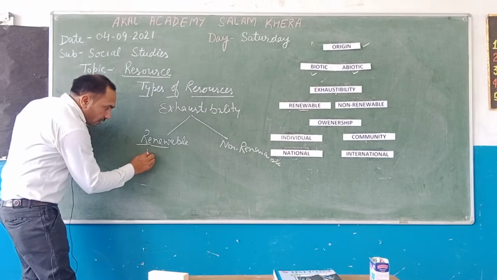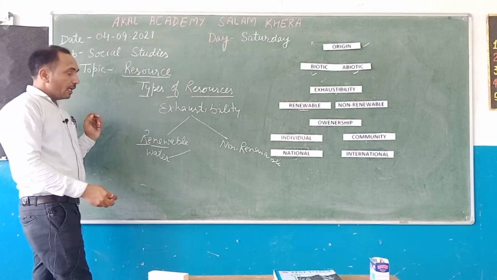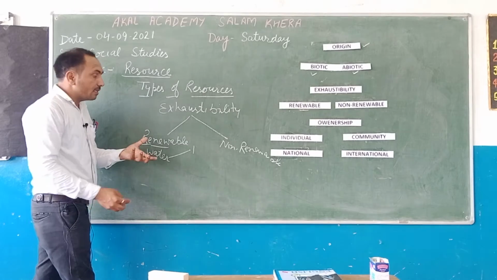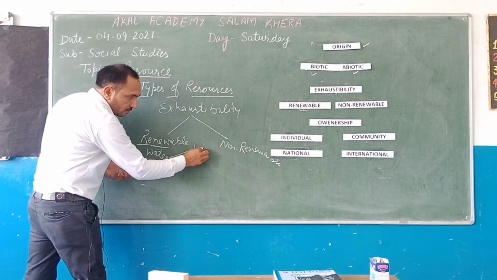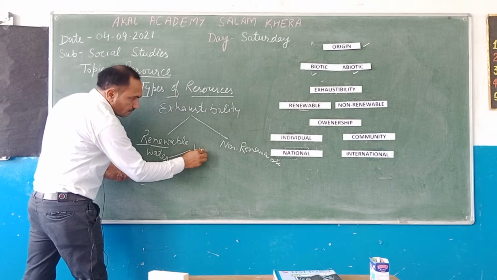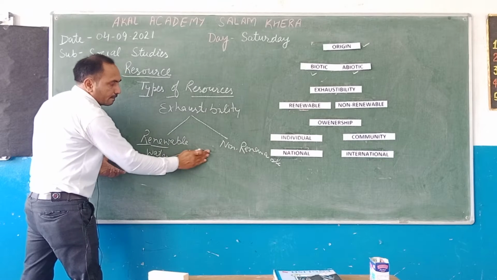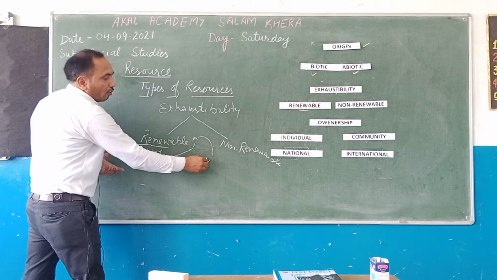For example, we can take water. Due to hot temperatures, water is converted into water vapor. Then it goes into the atmosphere, condenses, and again comes back to us as rainfall.